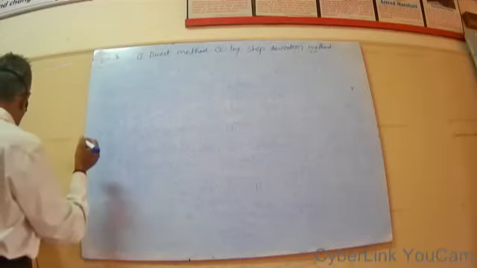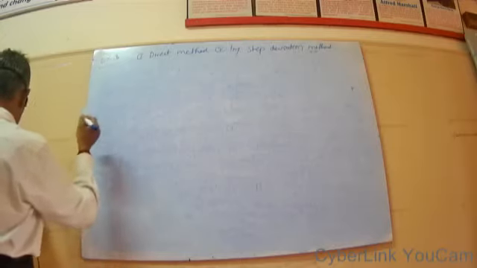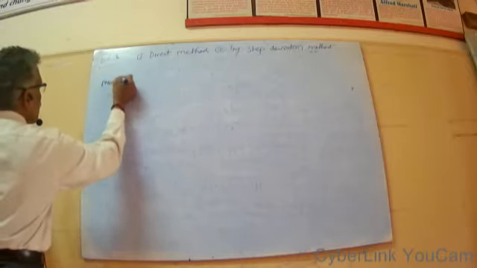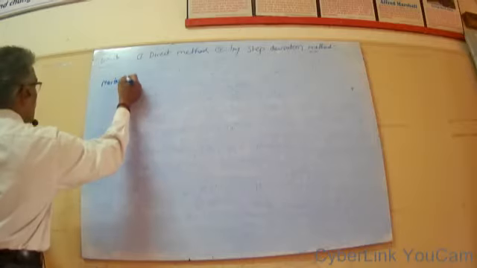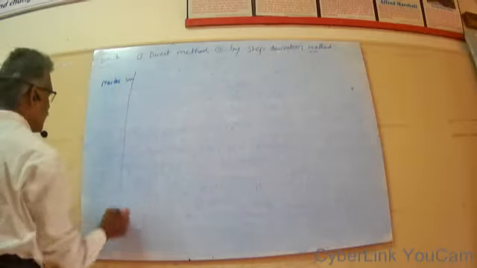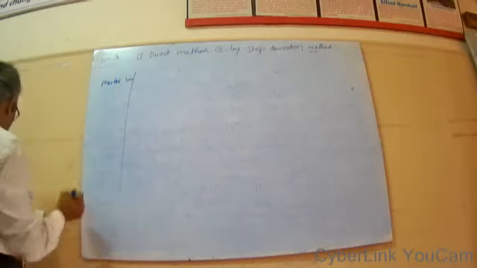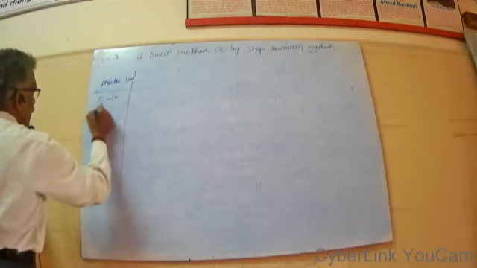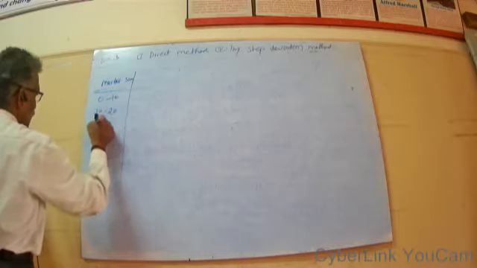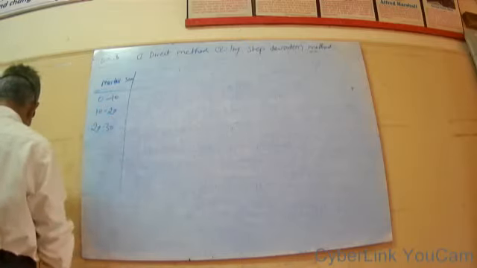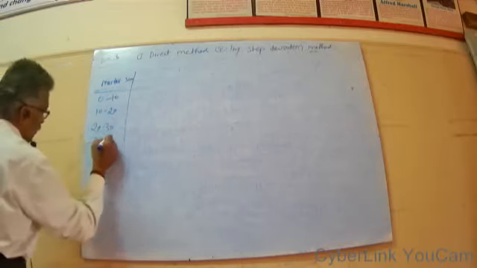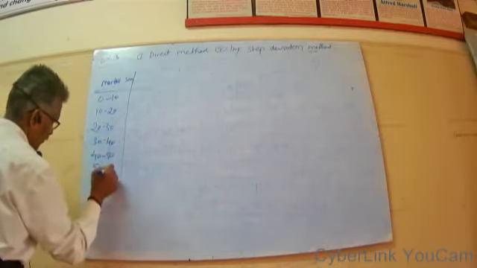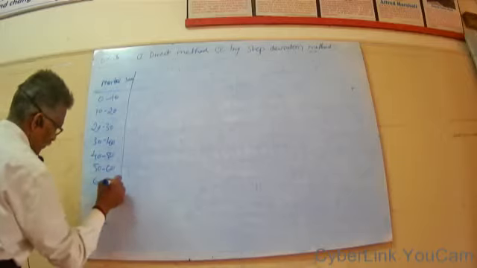Marks scored: 0 to 10, 10 to 20, 20 to 30, 30 to 40, 40 to 50, 50 to 60, 60 to 70.